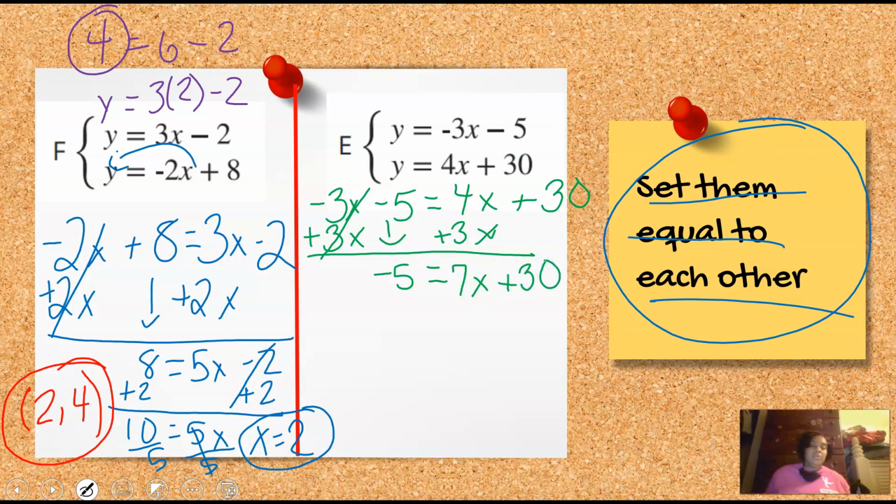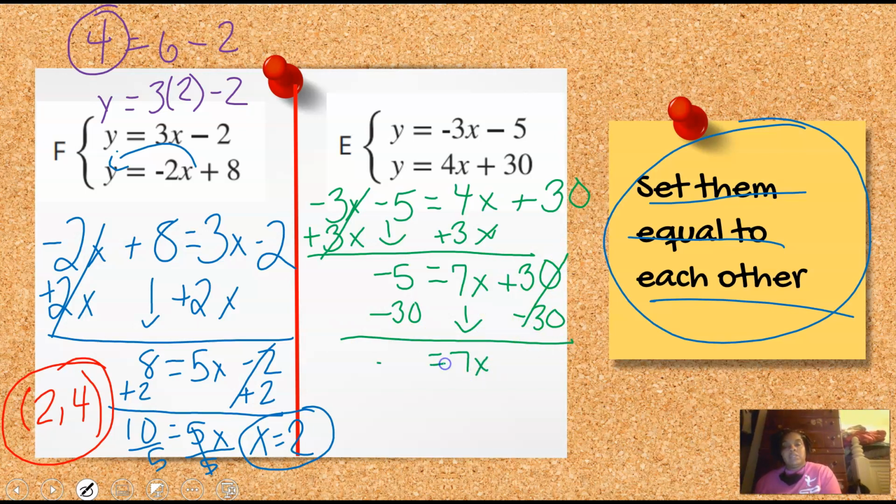Then I have to inverse my 30 and bring down my 7x. So 7x equals negative 35, and divide 7 on each side, and you have x equals negative 5. Now, if x equals negative 5, we don't know what y is, so we have to take the x value and plug it back into the equation.